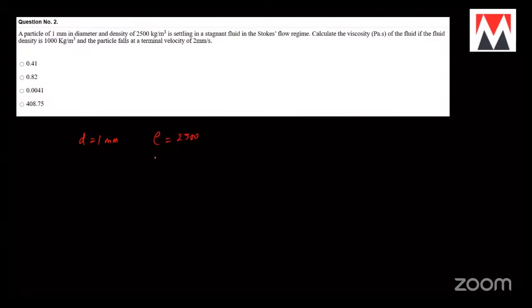If fluid density is given, particle density, you can write body, fluid density, you can write like this. It is 1000. So generally it is kept in water. The particle falls with terminal velocity V equal to 2 millimeter per second. So buoyancy force will balance this. So the body is falling like this against gravity. Buoyancy force will act like this, right?